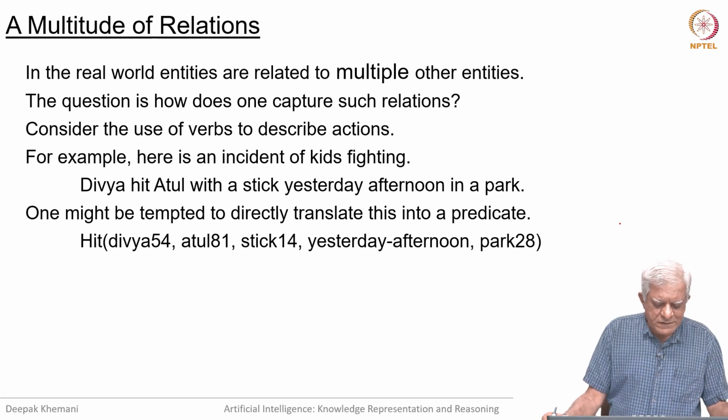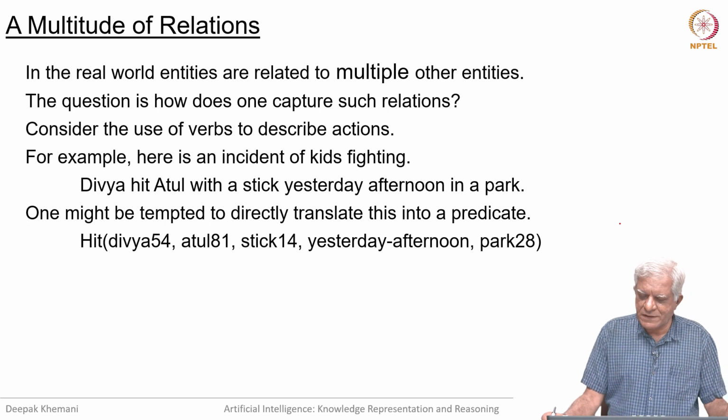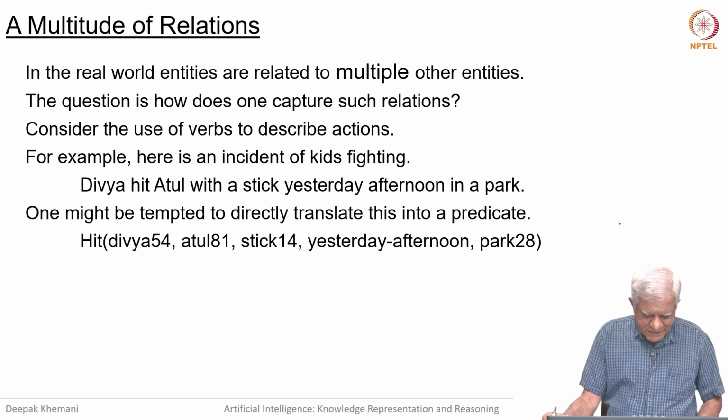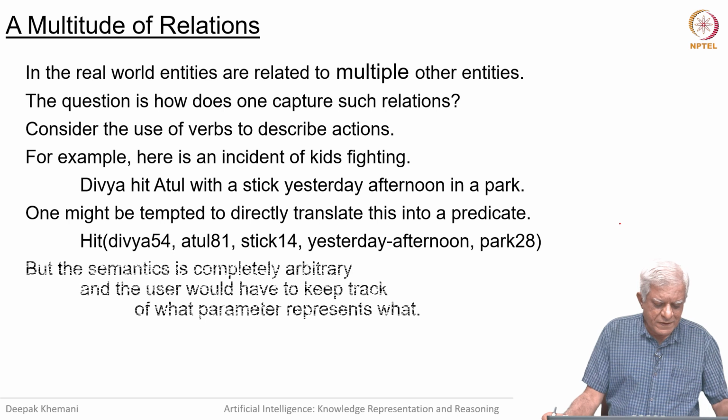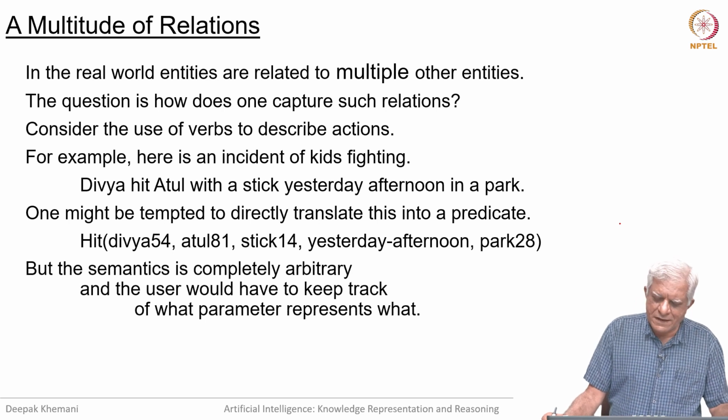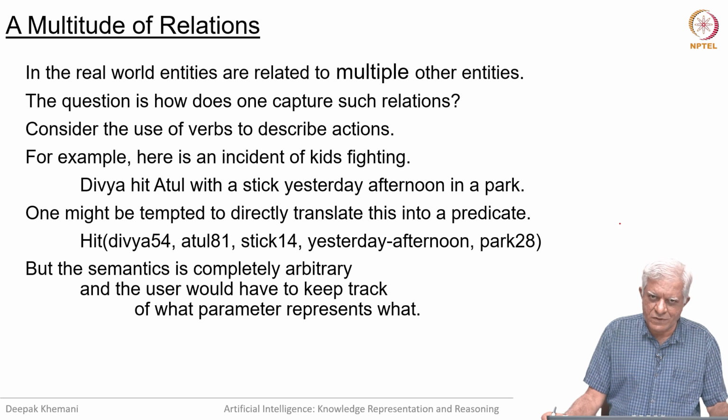So, Divya 54 hit Atul 81 with stick 14 yesterday afternoon in park 28. I mean, that is a very lazy way of doing things. The semantics is completely arbitrary, and the user would have to keep track of what parameter represents what essentially.